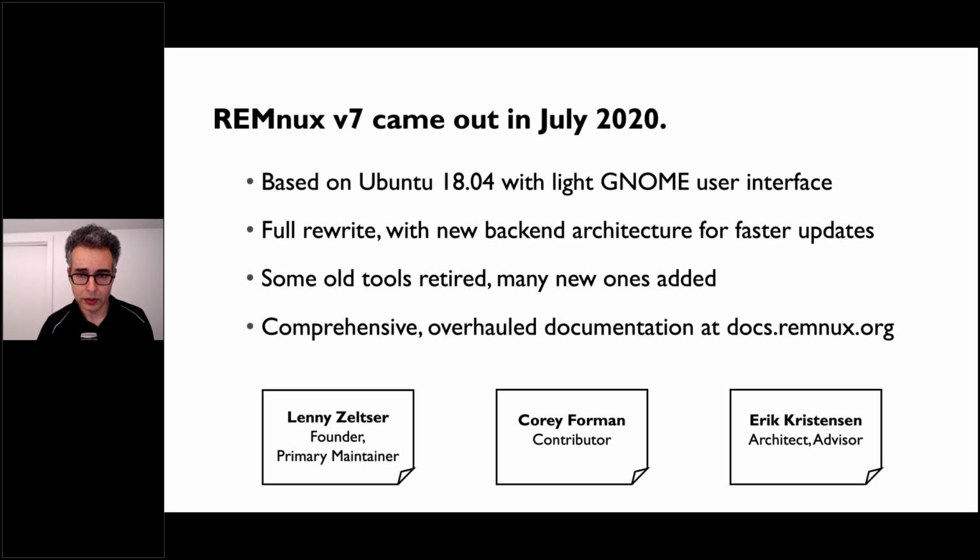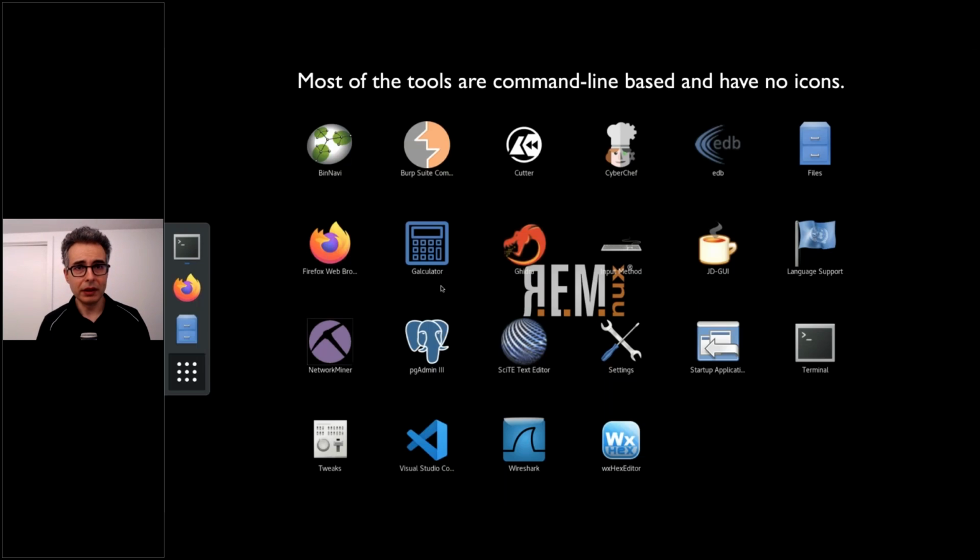And also, it is very important to recognize all of the authors of the tools that comprise REMnux. And by the way, if you install REMnux and you go to the menu, the visual menu that is now available to you, you're going to see a set of icons like this. And so that's pretty handy. As you can see, there are some GUI tools available on REMnux now.